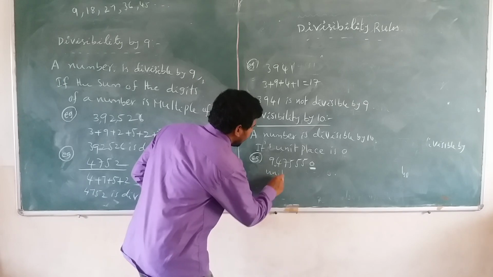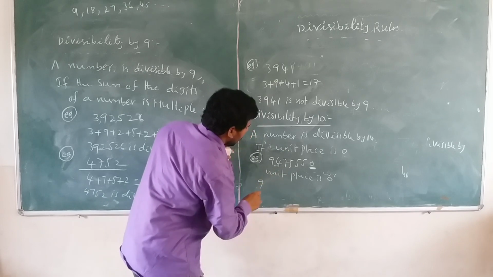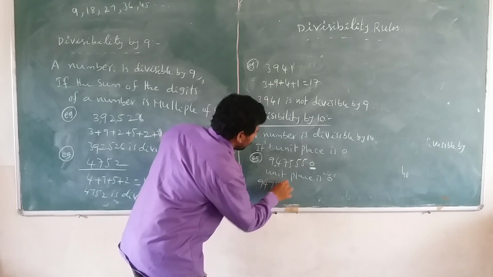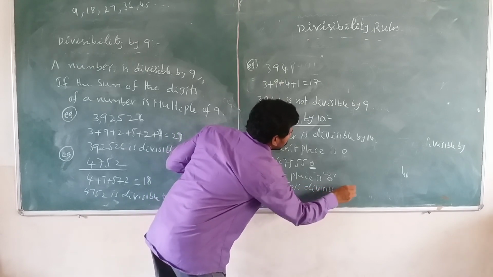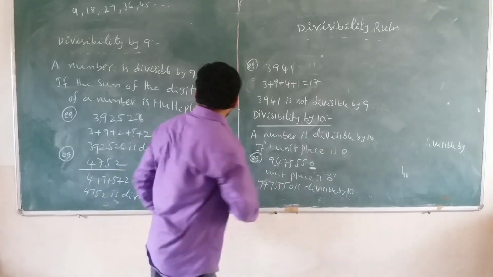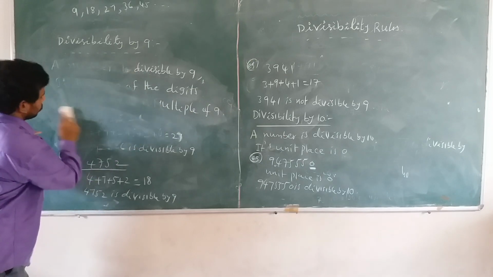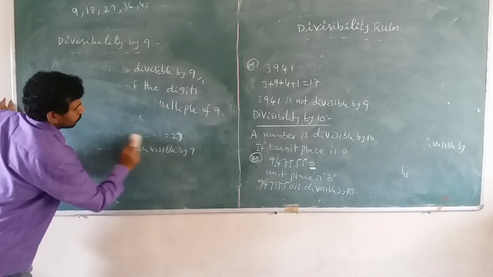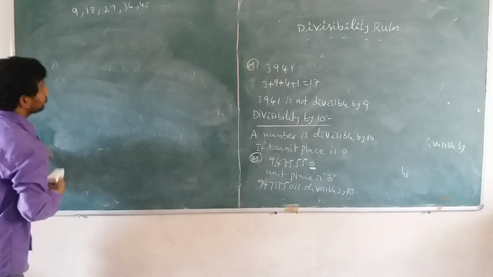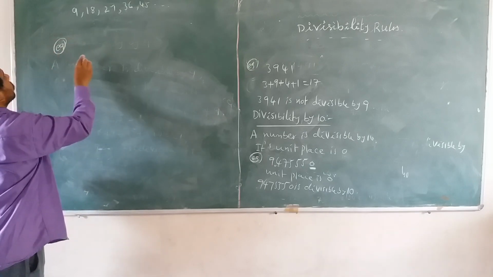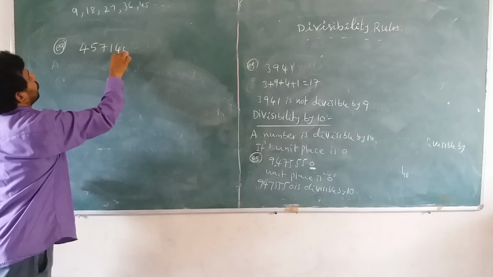Here the unit place is 0. That's why the given number 9475550 is divisible by 10. One more example. 4, 5, 7, 1, 4, 5.